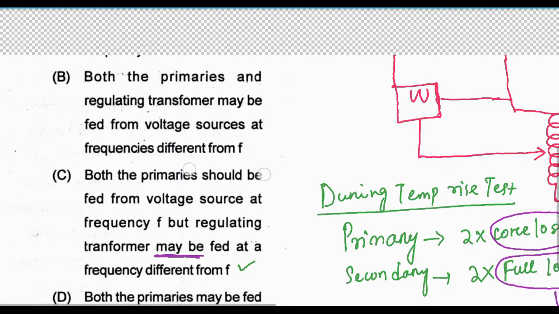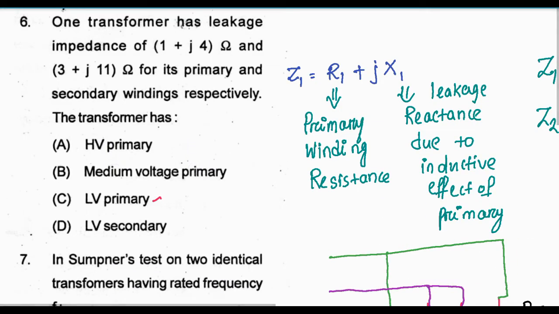Next question. Question number 6. One transformer has a leakage impedance of 1 plus j4 ohm and 3 plus j11 ohm for its primary and secondary windings respectively. The transformer has HV primary, medium voltage primary, LV primary, LV secondary. So this is the question given.